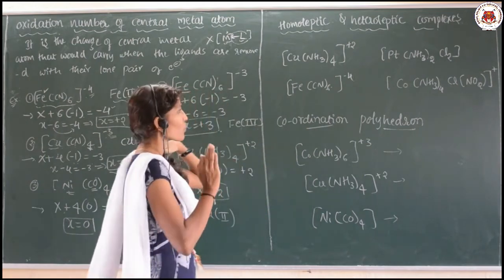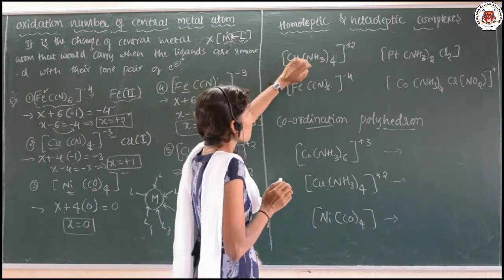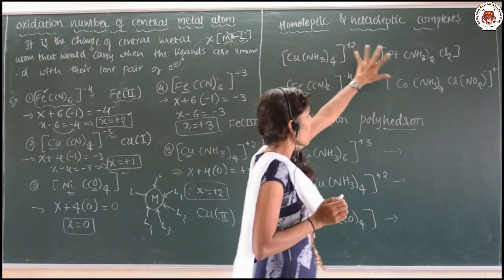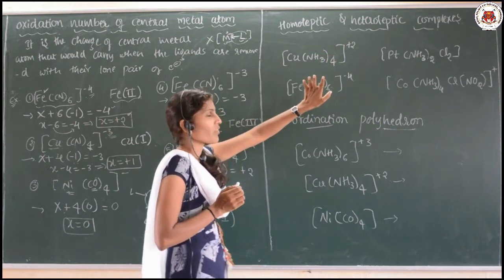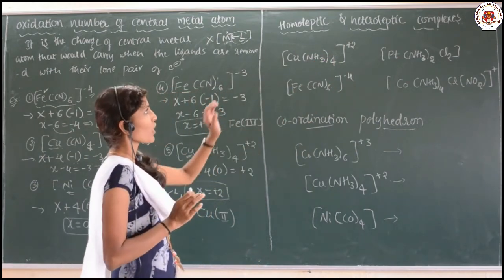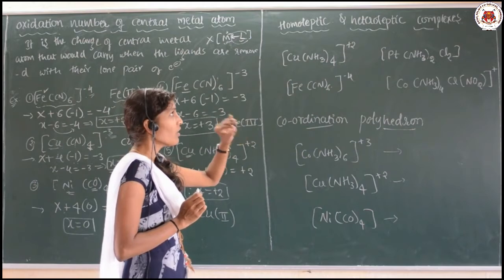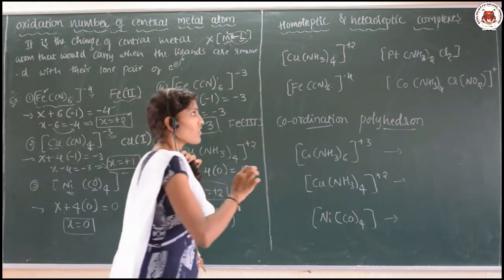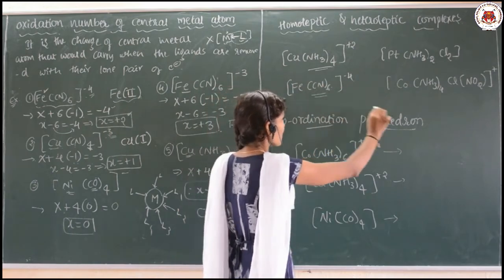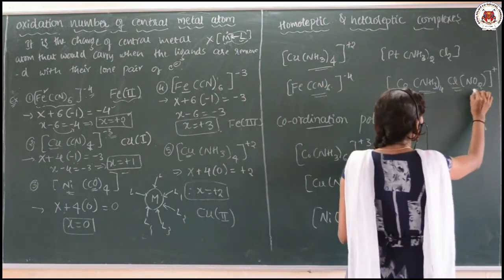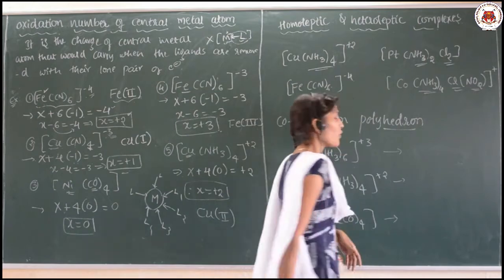So if you understood the definition, here I have written 4 examples for homoleptic as well as heteroleptic complexes. Just look at the examples and you can find out which is homoleptic and which is heteroleptic. See here, how many ligands? Just look at the ligands.